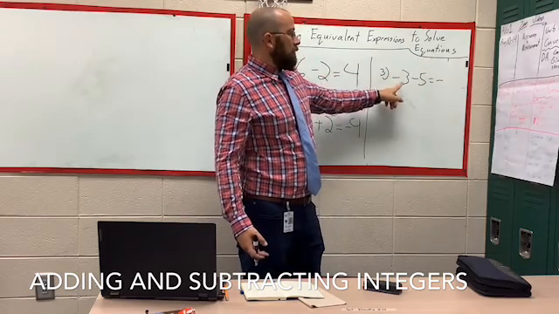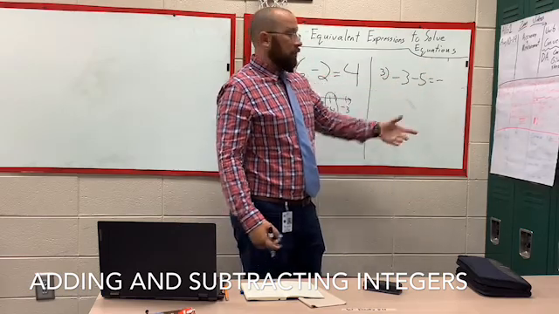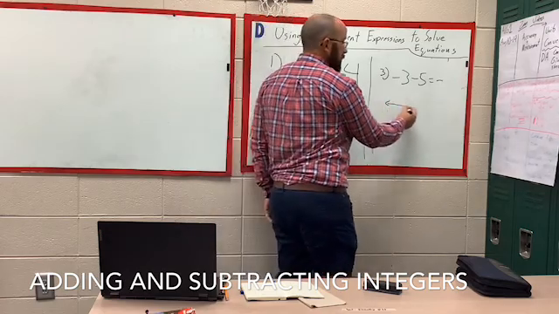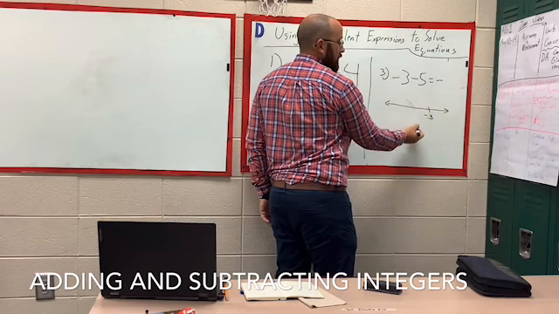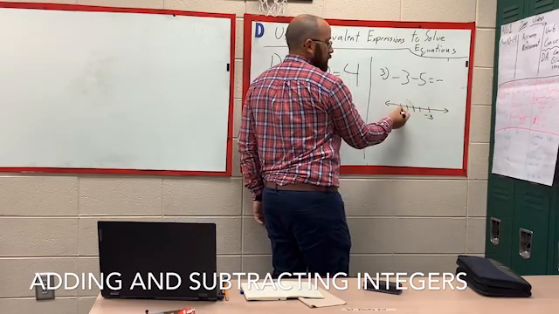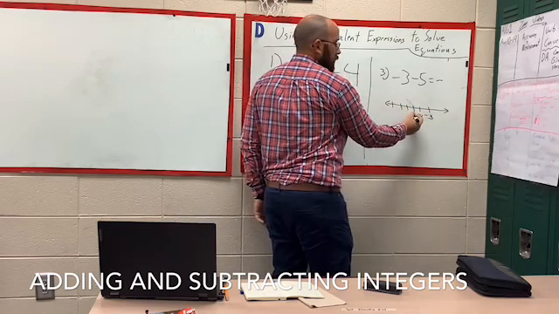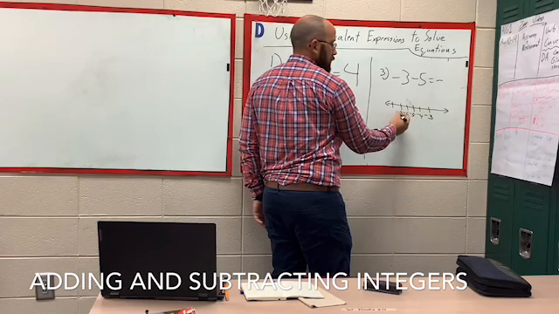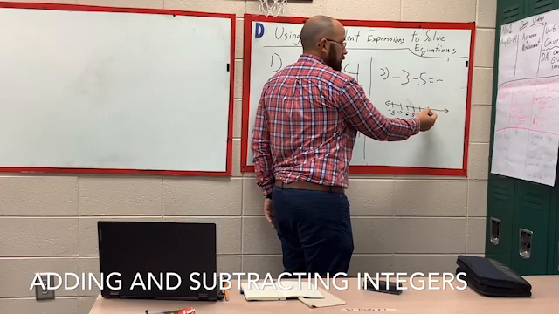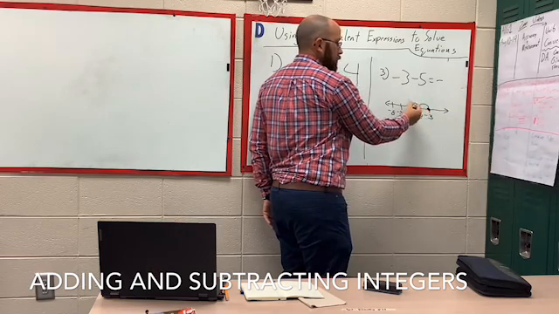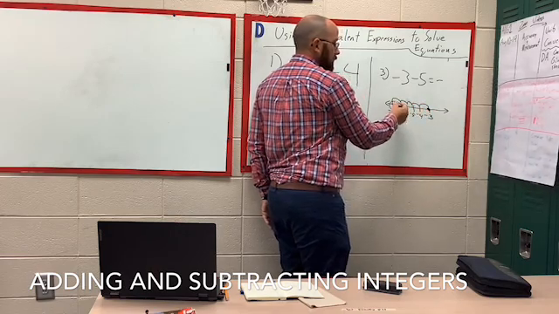So -3 minus 5. If you want to go back to the number line, if it works for you, I have -3 right now, and I'm going to move it -5 times. So 1, 2, 3, 4, 5. Answer is -8.